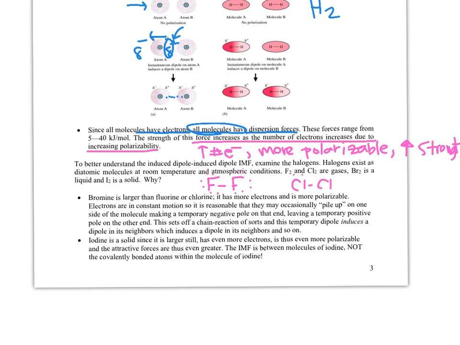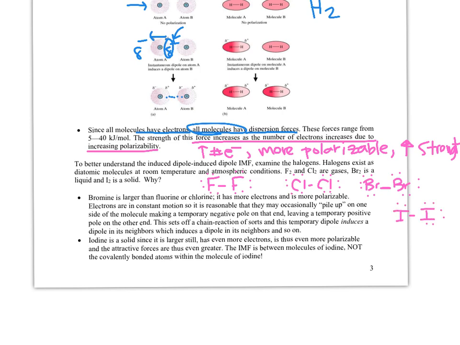Same thing, they're all nonpolar. We've got bromine. One of the things you should notice on the periodic table is that fluorine and chlorine are gases, bromine is a liquid, and iodine is a solid.